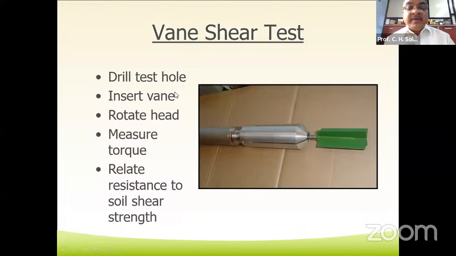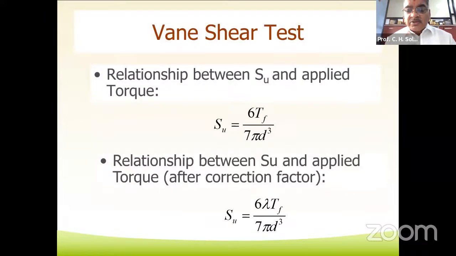We have to insert the vane, rotate the head in the test bore at the required depth, measure the torque at which the soil fails, and relate the resistance to the soil shear strength. So based on the torque at which the soil fails, you can get the shear parameters of the cohesive soils.